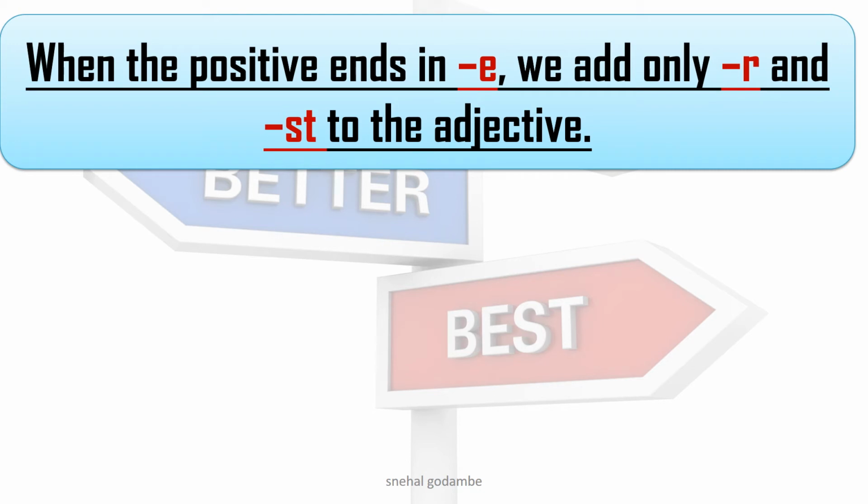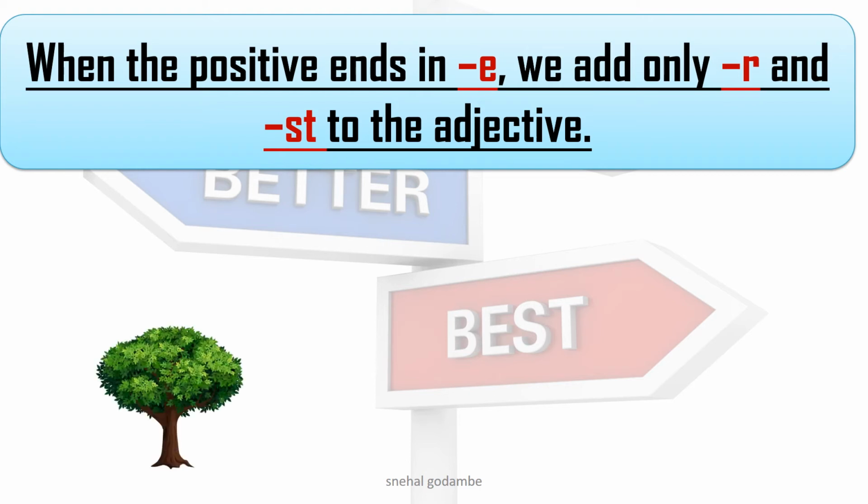But if it ends in E, then there is no need of adding one more E. You can add only R and ST to the adjective. For example, see the word large. At the end of that word, it is E.